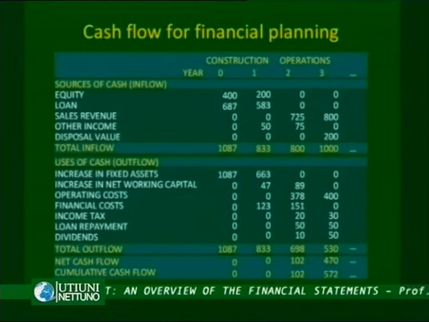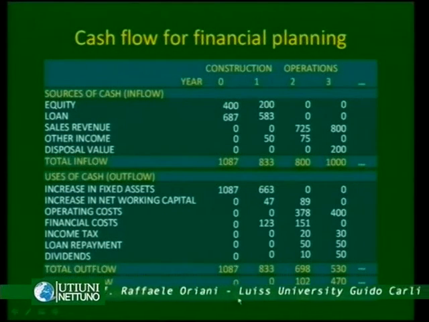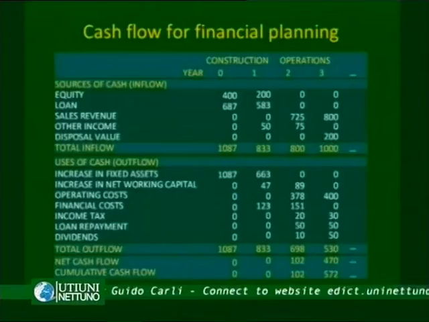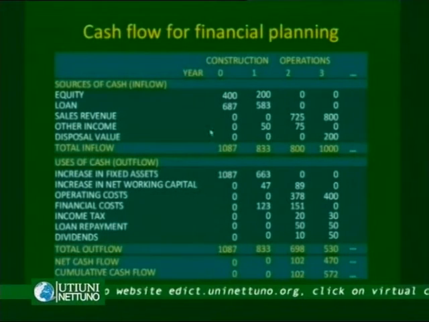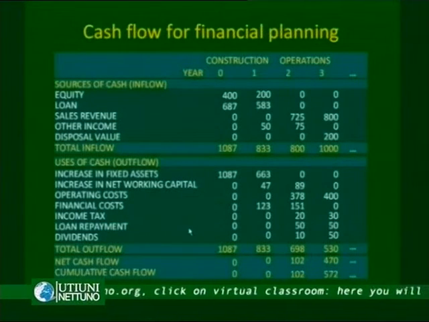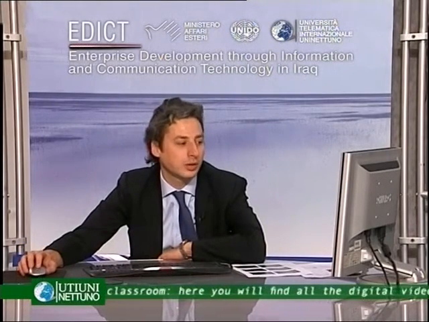So what is important in the cash flow for financial planning, that is basically the main reason why we are preparing these documents, is that the cumulative cash flow is positive or at least equal to 0. Because this means that the project is sustainable, that the project is in equilibrium. Because if the cumulative cash flow was negative at some point, this means that the sources of cash flow will not be able to cover the needs of cash, and this will create a financial liquidity problem.